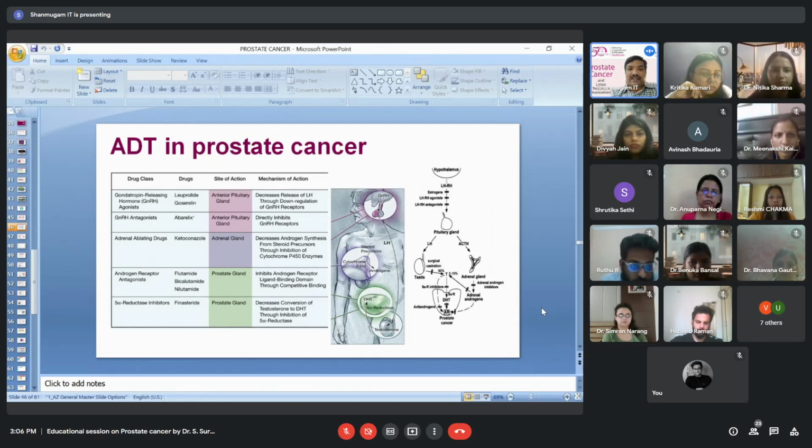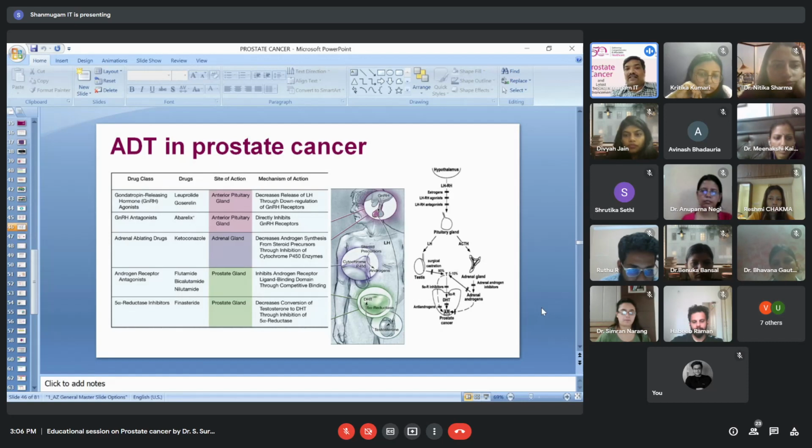The LHRH agonists are most commonly leuprolide and goserelin, and the antagonist is degarelix. The common antifungal agent ketoconazole is also used because it can ablate the adrenals and thereby inhibit the production of androgens from the adrenals.